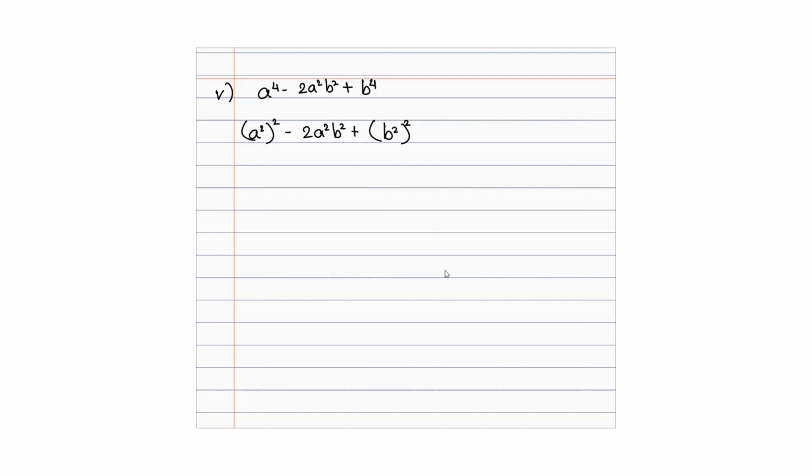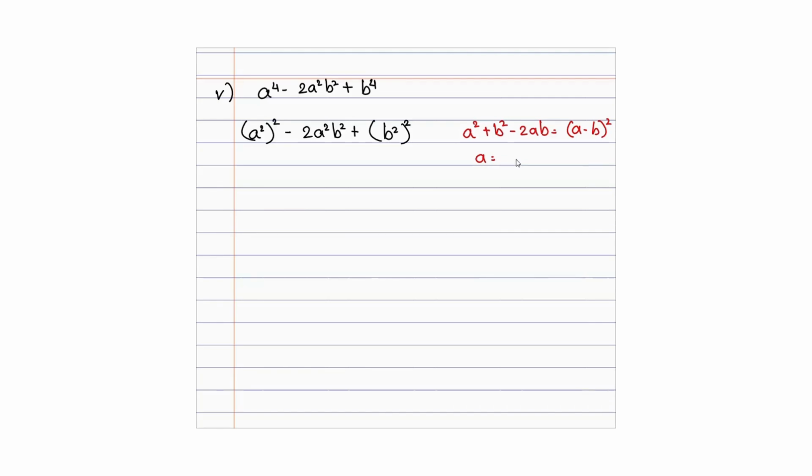That is a square plus b square minus 2ab, right? Which identity is this? (a minus b) the whole square. Here my a is what?